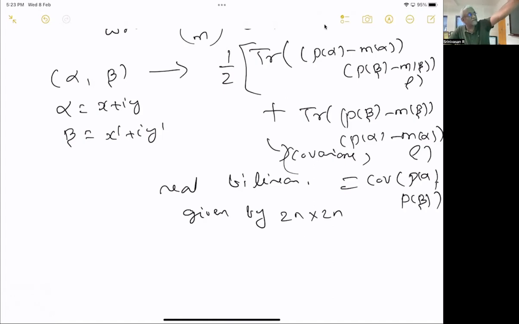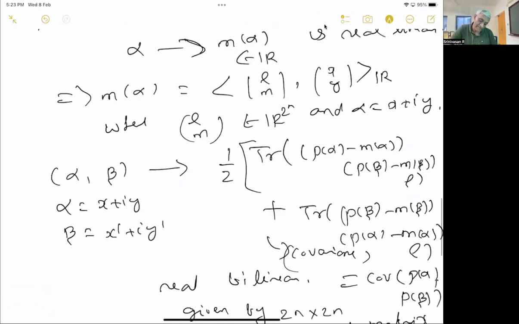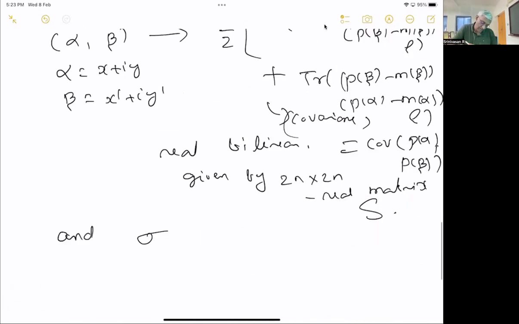When you consider x plus iy as a real vector space, it is 2n dimensional, so a 2n cross 2n real matrix. Okay. Yes. Okay. So, and our sigma is nothing but, whatever we have, half sigma alpha is nothing but alpha S alpha. The covariance between P of alpha and P of alpha is the variance.